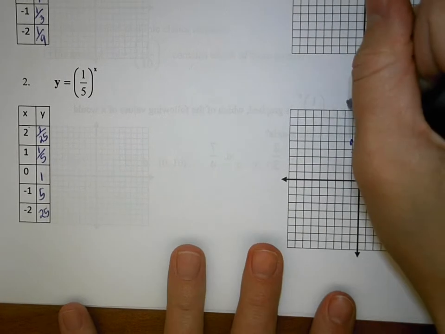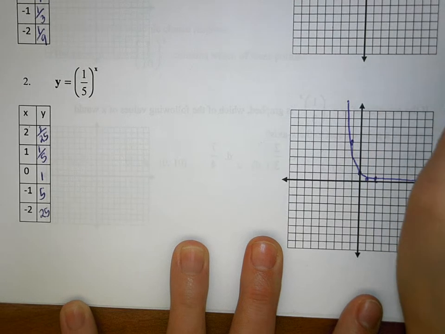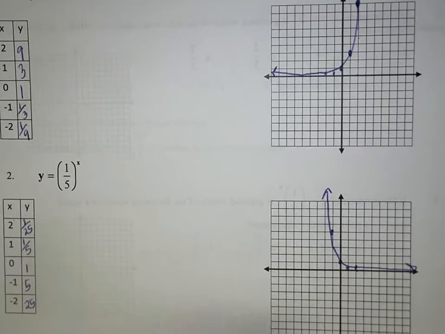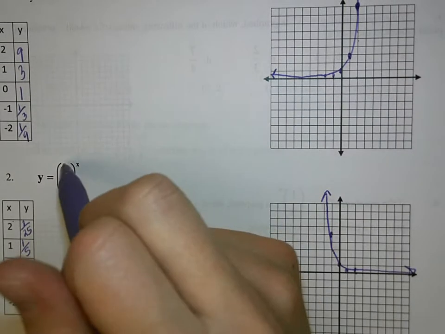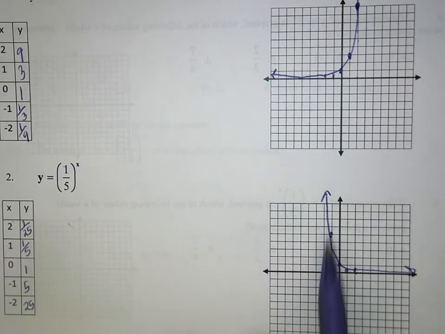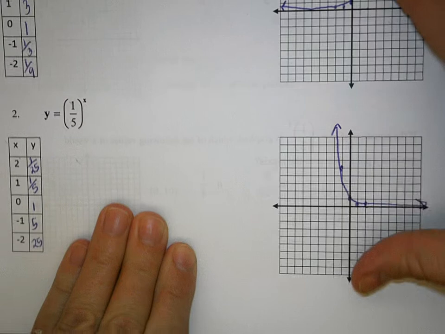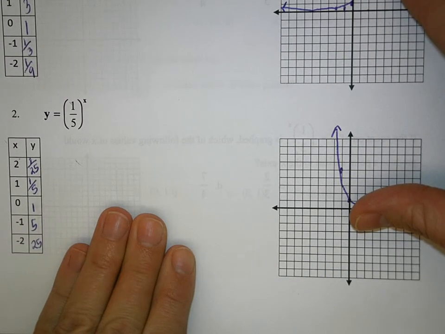So if you notice, this one, the graph is going to the opposite direction. So if you have a fraction, your graph looks like this. If you have a whole number, your graph looks like this. And all of them will end up being similar. Okay?